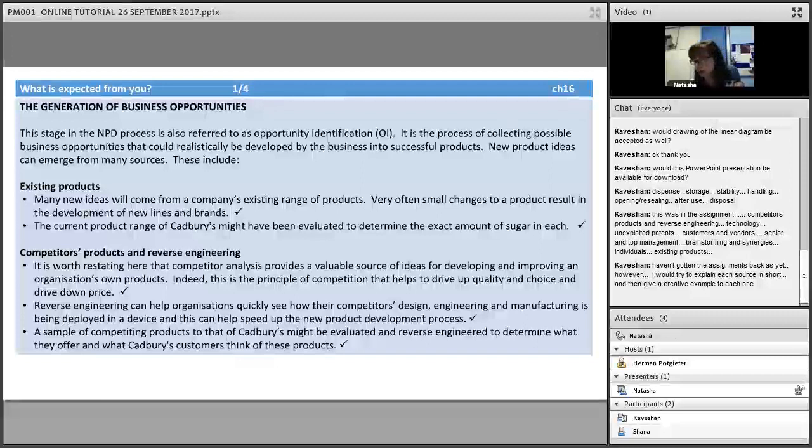And you give a short explanation of each, as well as a creative example to a given case study, should it be. In this case, it was based on Cadbury's, and it was with regard to new chocolate being introduced to the industry. And I'm not going to go into too much detail with regard to that, but what I will tell you is that your approach is correct.